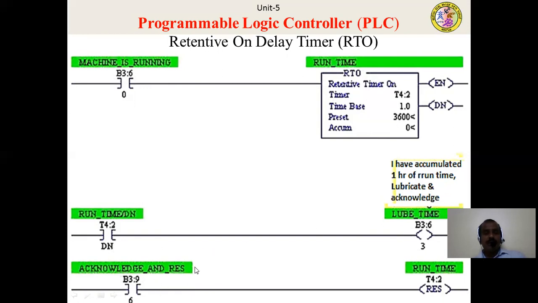Once I acknowledge that lamp signal, my retentive timer again gets reset. I will be switching on and switching off the machine many times, but the timer is not going to reset as in the case of the on delay timer or the off delay timer.